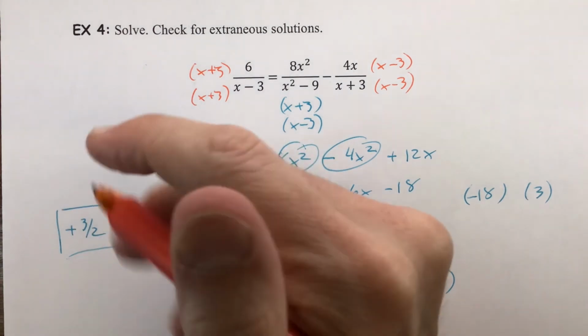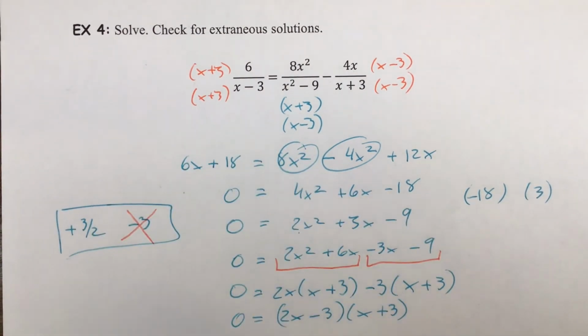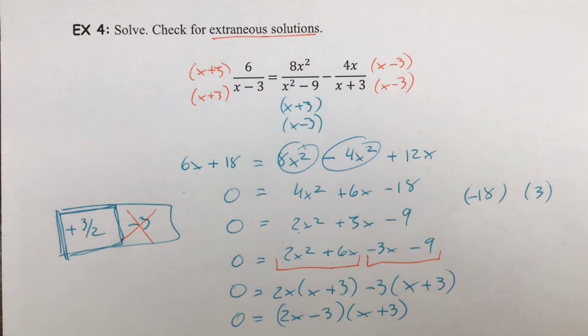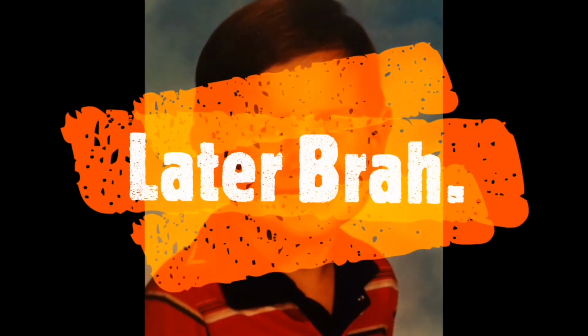So this is what we call an extraneous solution. It's an extra solution you get because of the approach that we took at this. However, this is not an extraneous solution. That is the one and only solution to this problem. Wait, what?